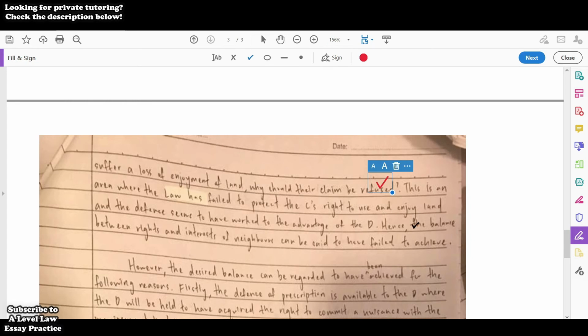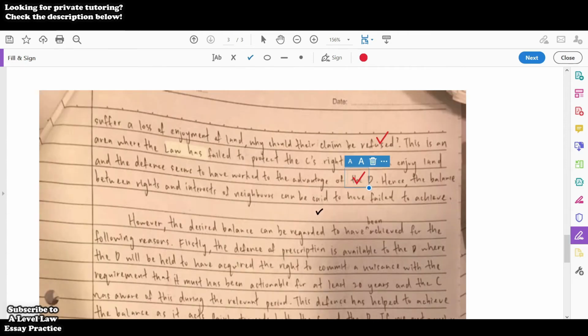That's a good question there. This is an area where the law has failed to protect the claimant's right to use and enjoy land, and the defense seems to have worked to the advantage of the defendant. Hence, the balance between rights and interests of neighbors can be said to have failed to be achieved.